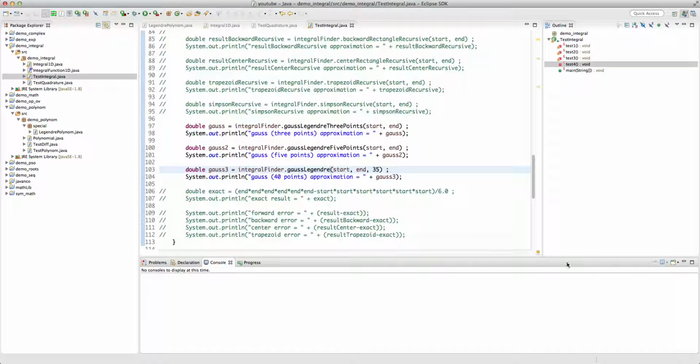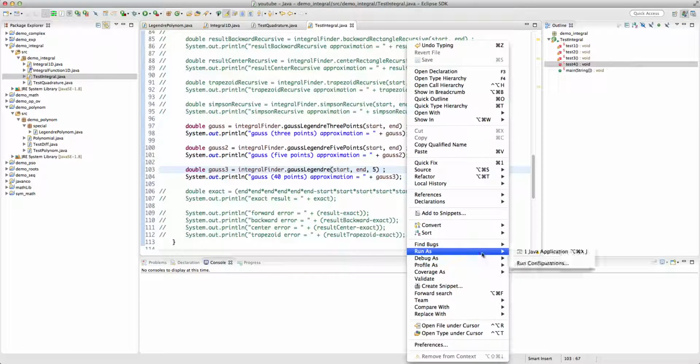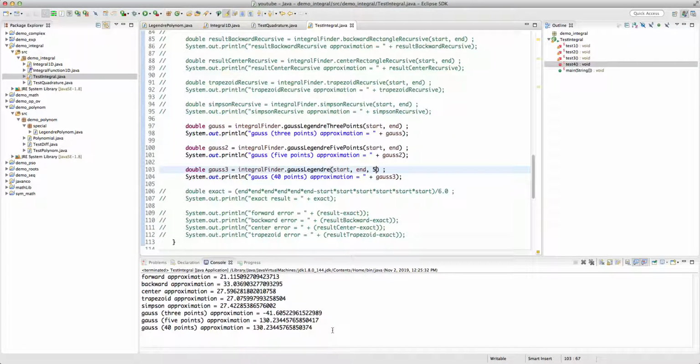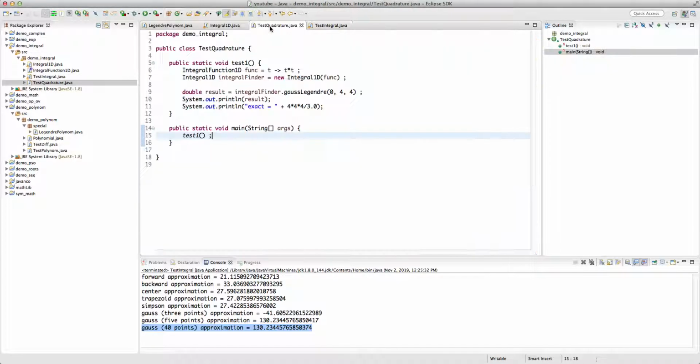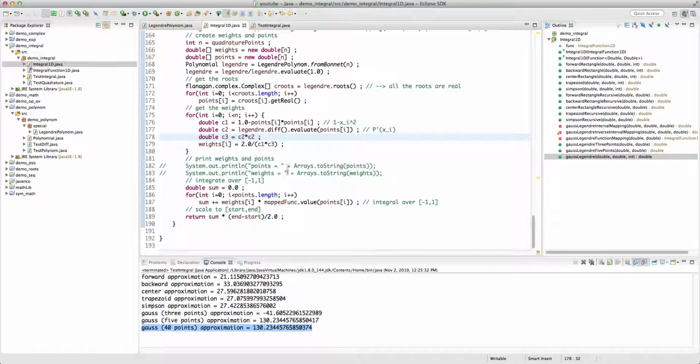So definitely it's not a good idea to just increase the number of points, right? So what is recommended here? To stick with a smaller number of points, let's say 5 points, and then instead of increasing the points, divide the interval into smaller sub-intervals.